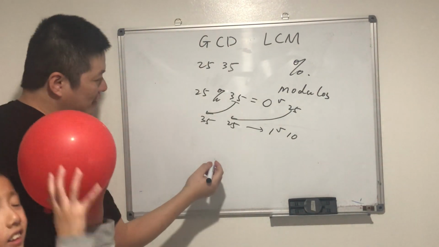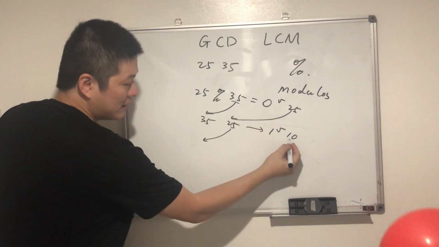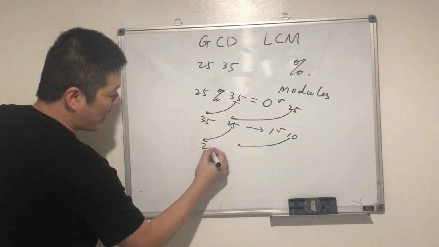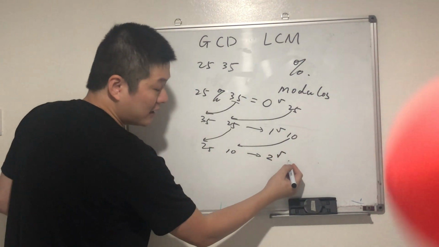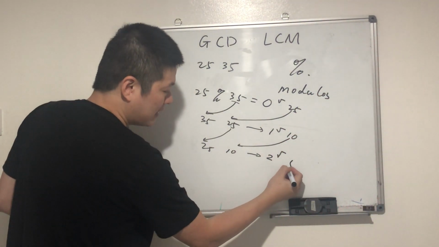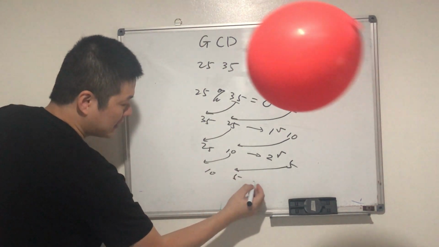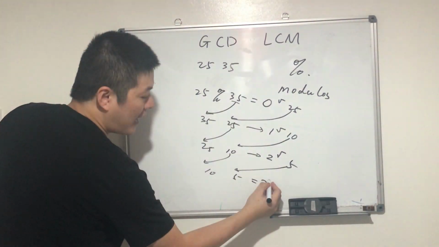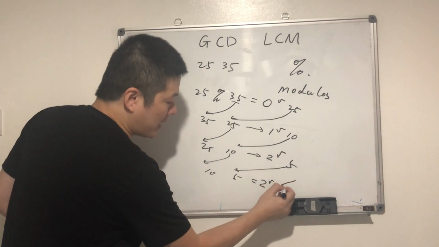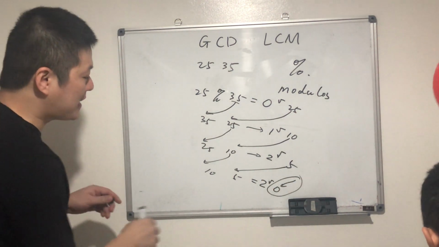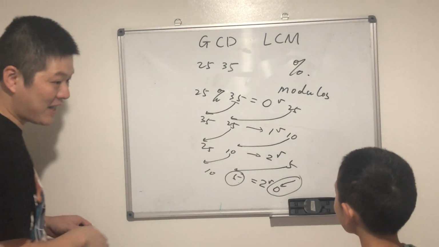Then 25 and 10: 25 divided by 10 equals 2, remainder 5, right? Then 10 and 5: 10 divided by 5 equals 2, remainder 0. When we get this 0, what does it mean? It means this number is the greatest common divisor. You see it?